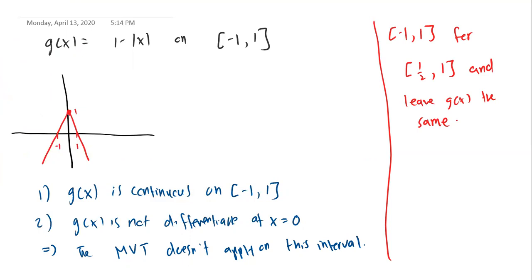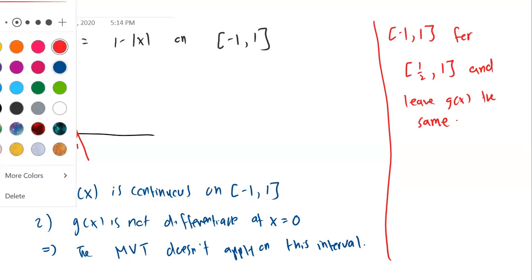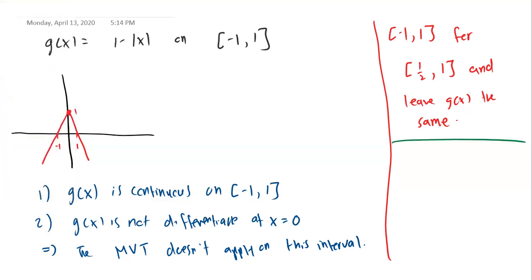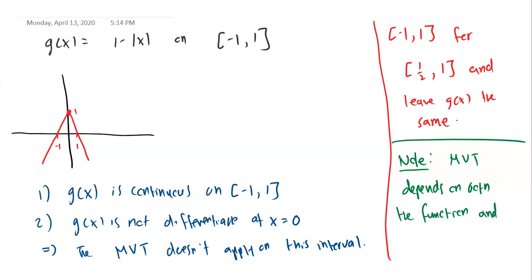Okay, so what's the thing to note here is that whether the mean value theorem applies depends on both the function and the interval. Sometimes if you change the interval, the mean value theorem now applies. Or if you leave the interval the same but change the function, then the mean value theorem applies. So it really depends on both the function and the interval. Okay. And that's how you work with the mean value theorem.